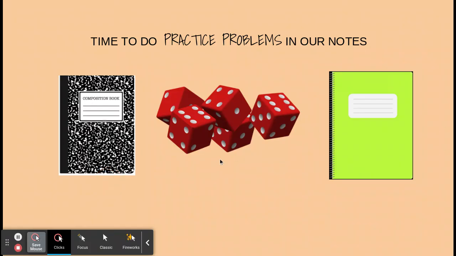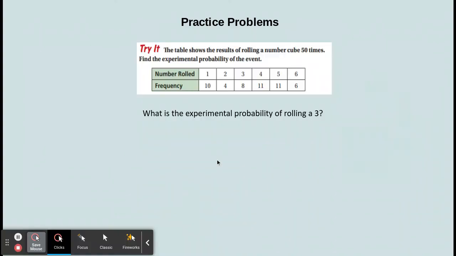Okay, and now we are just going to do 3 practice problems. For the practice problems here, we have this table that shows the result of us doing an experiment. We rolled a die 50 times, and we recorded how many times we rolled a 1, 2, 3, 4, 5, or 6.